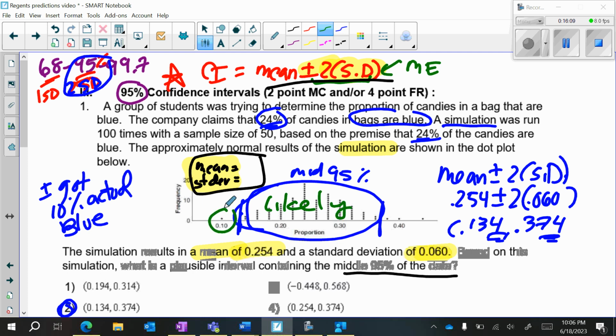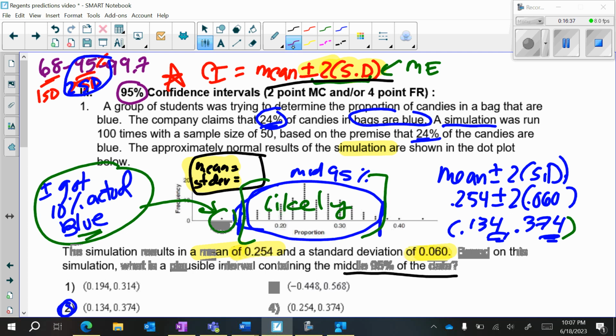So let's say I get 10% blue. That number is not in the interval that was created around the things that were likely to happen based on that claim. So they might ask, is it likely that I would get 10% blue? And you would say, no, it's not likely, because that number, 10% or 0.10, lies outside of that 95% confidence interval.